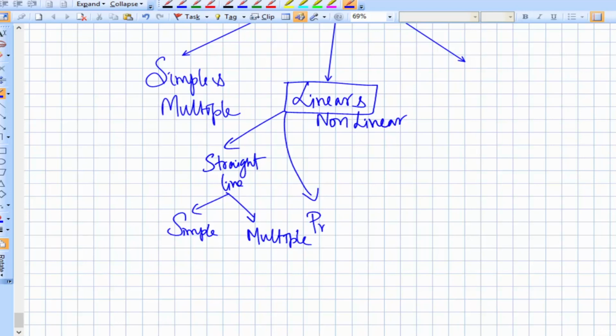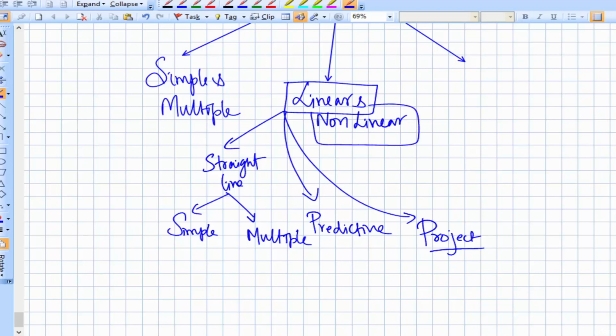So it will have predictive value, and it will help us to project the future. So it is mainly used in the projection. So that's about the linear. But if you take non-linear, non-linear is actually curved trend lines.